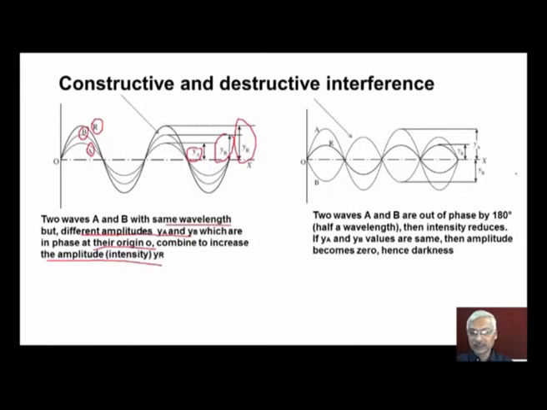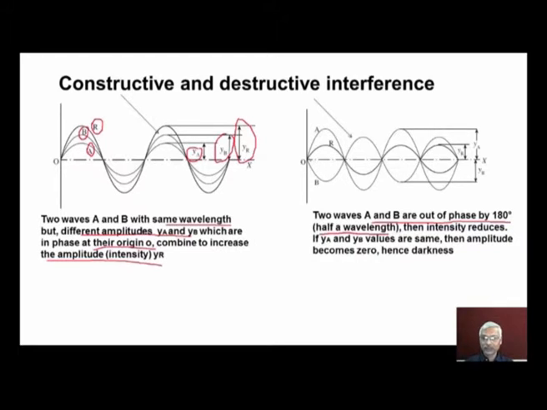Now we will see another case wherein the two waves A and B are out of phase by 180 degrees. Even though they start at the same point, they are out of phase by 180 degrees, which is nothing but half a wavelength.